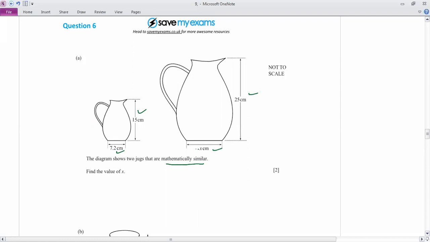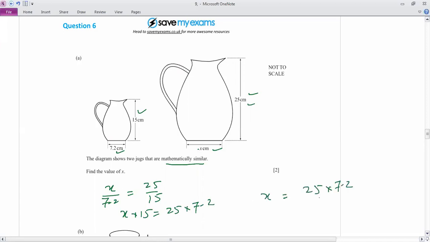If I say, for example, x and this are corresponding, I can say x over 7.2 will be equal to this 25 over 15. So you can cross multiply: x into 15 is equal to 25 into 7.2. So x will finally be 25 into 7.2 over 15. Just do this calculation.